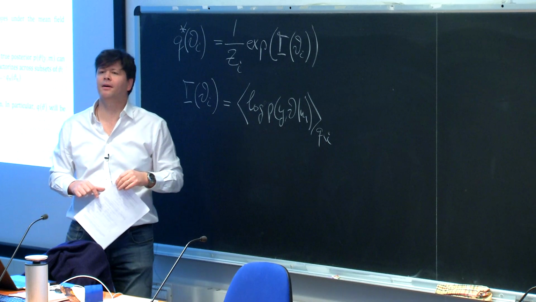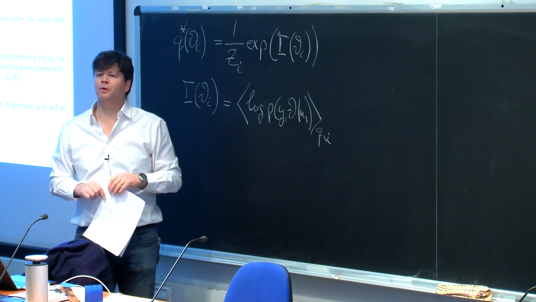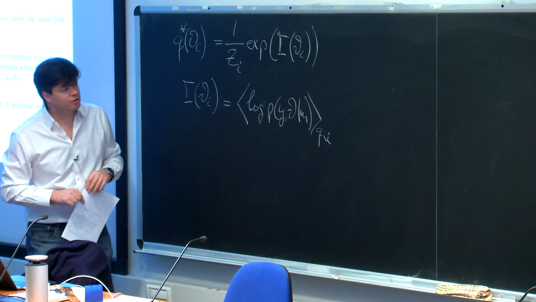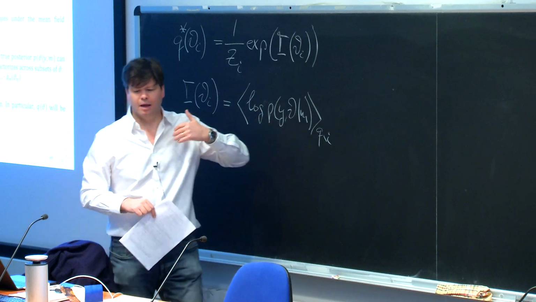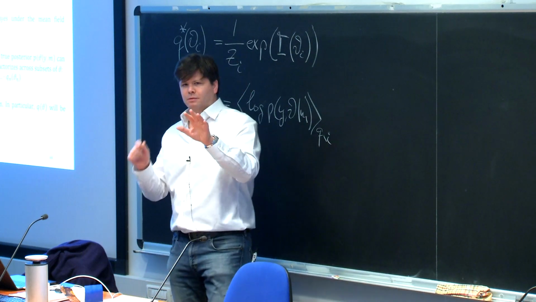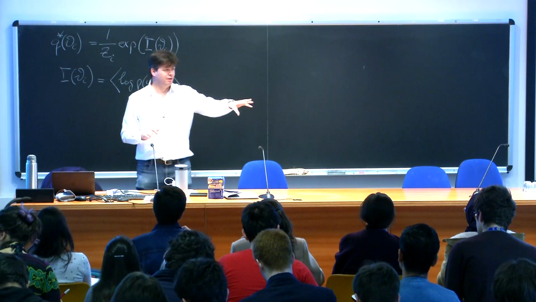Yes? No, we don't have that guarantee. No. We do this in order to get an efficient inference algorithm. And because I work in neuroscience, I always have one eye on the brain.